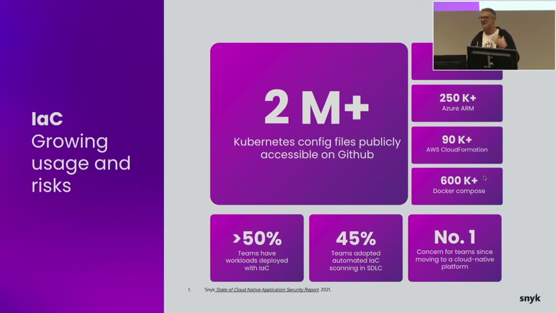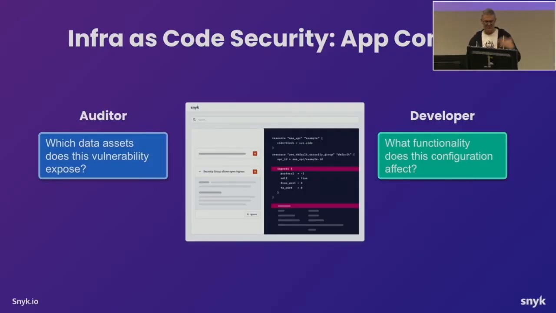all of those types of things, and we look for insecure configuration vulnerabilities in those. The typical question that comes up when you're looking at infrastructure as code is the auditor will ask, which data assets are you actually exposing in this release, and are any of those vulnerable?